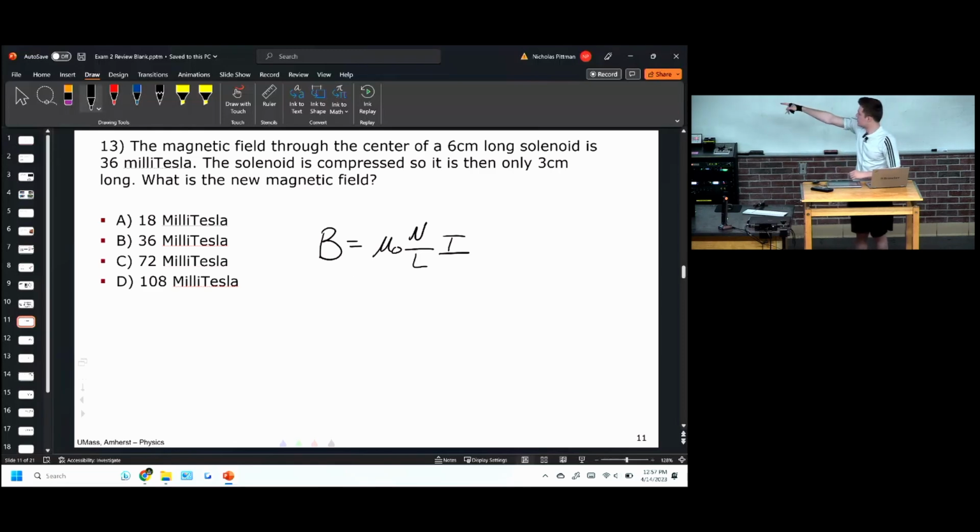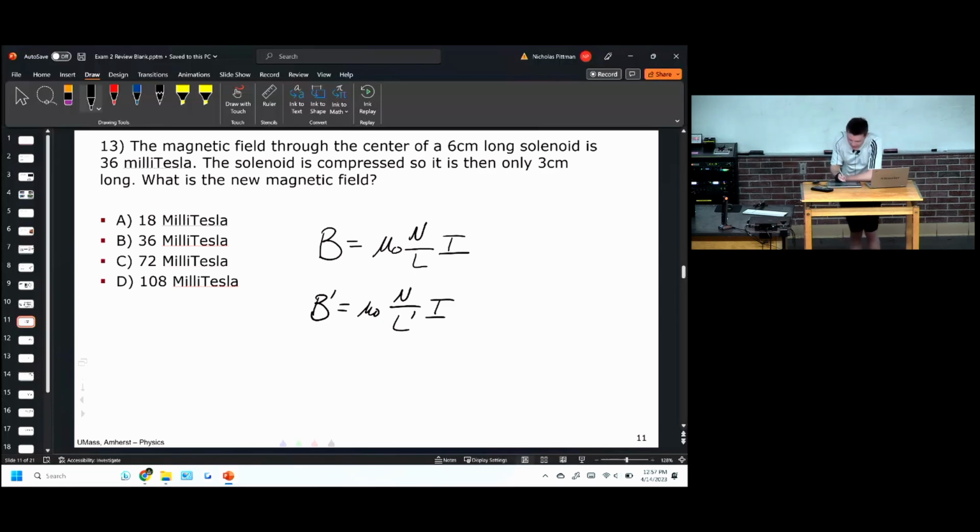So this gives you the B field near a solenoid of length L, and after I change the length of the solenoid to a new length L prime, this equation gives me the new B field. The trick, which you're going to use a lot in your life, is you divide one equation by the other, and everything that is the same will cancel out.